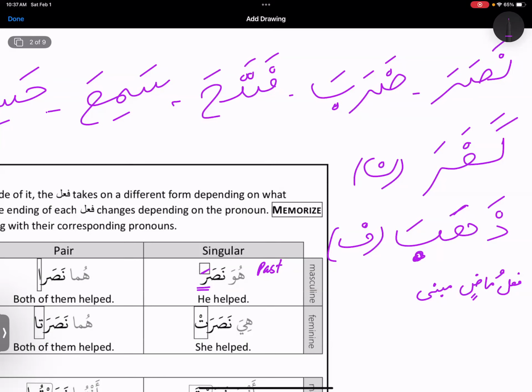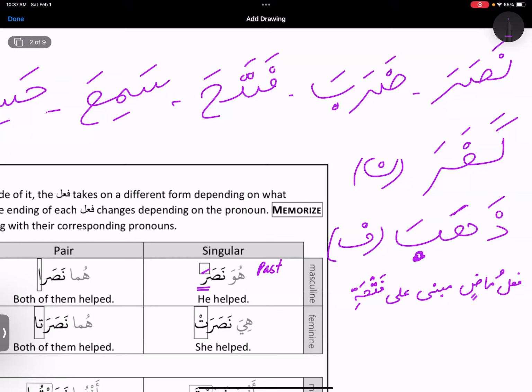Now mabni, and then how do I know that this is mabni? So it says fi'lun madin mabni ala fatha. Where is the fatha? On the last letter. Yeah. Ala fatha. Ala fatha, you can say. That is good enough. So fi'lun madin mabni ala fatha.